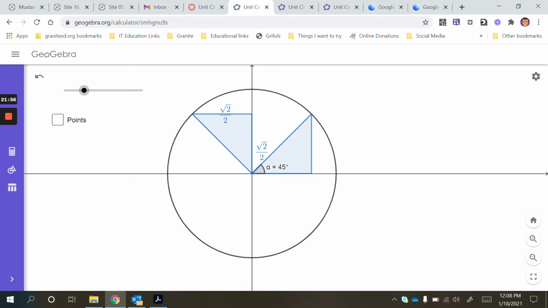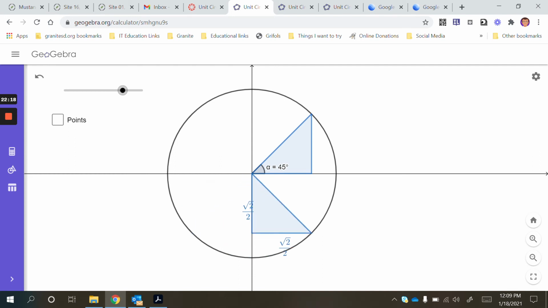I can also rotate that same triangle and use it in other parts of the unit circle. So if we go 45 degrees past the 90, we now see that it goes backwards, square root 2 over 2, and up, square root 2 over 2. If I go 45 degrees past the 180, we go backwards, square root 2 over 2, and down, square root 2 over 2.